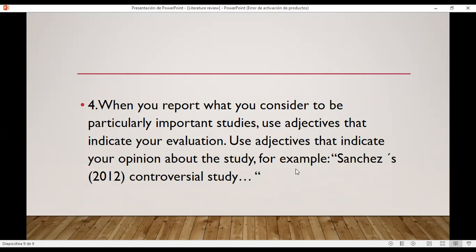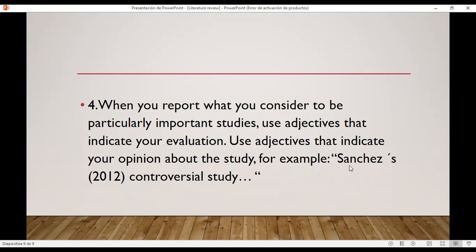Number 4: when you report what you consider to be particularly important studies, use adjectives that indicate your evaluation. Use adjectives that indicate your opinion about the study. For example, Sanchez, 2012, controversial study. This is a suggestion also, no? When we are writing our literature review, it is suggested to use adjectives, qualities, and that quality involves my criteria, my opinion.